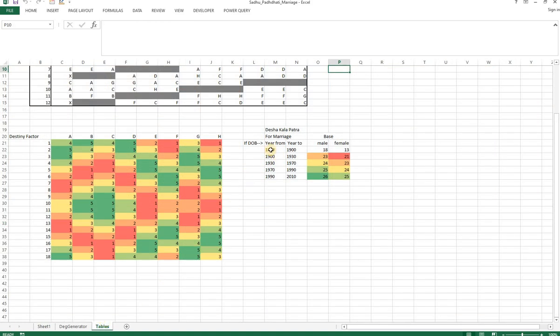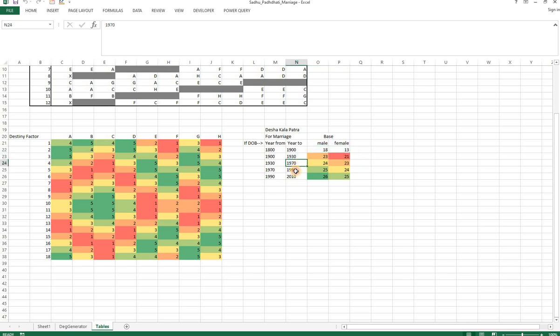If the person is born from 1800 to 1900, if it is a male chart, it will be some number. Female chart, it is some number. The book does not talk about 1800 or 1900. It started with only the 1930s, and before that, I myself extrapolated this portion. So it is left to you to delete this or leave it as such.